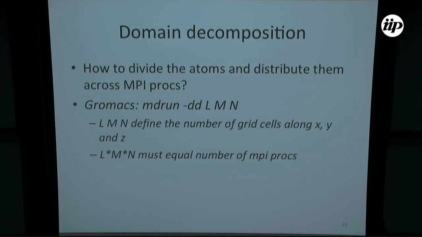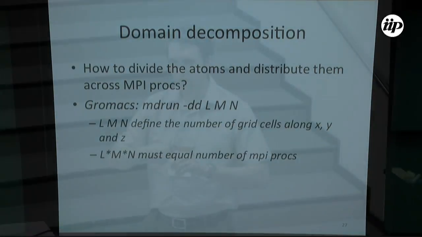The next thing to consider is domain decomposition. What domain decomposition is, when you have your MPI processes, each process has a set of atoms that it's working on for the next number of time steps. And you need to tell GROMACS how it should divide your system up spatially and distribute it across all of those processes.